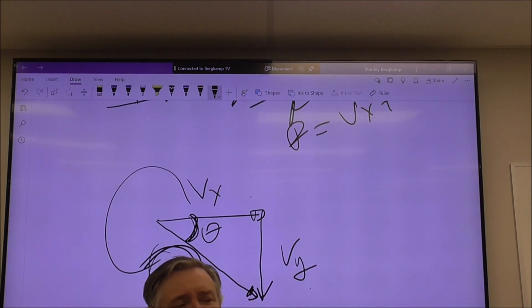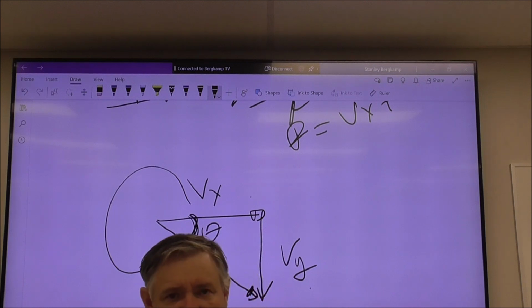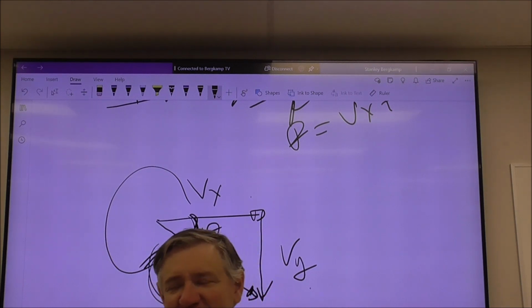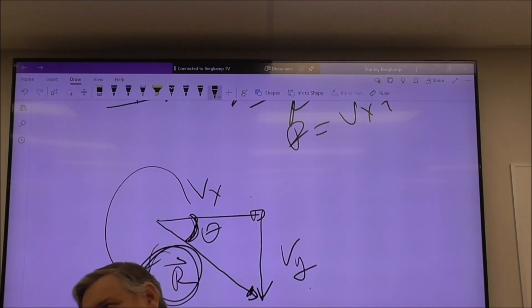Or you can just look at the variables and go, oh, it's going to double, or it's going to increase by the square root of pi, whatever it's going to do. What you cannot do is just say, oh, it's going to change, it's going to be different, it's going to increase.